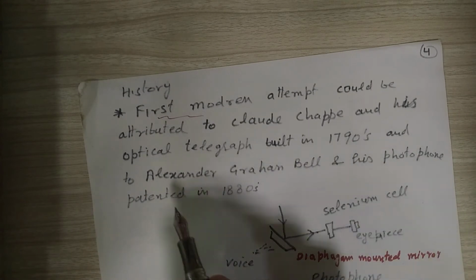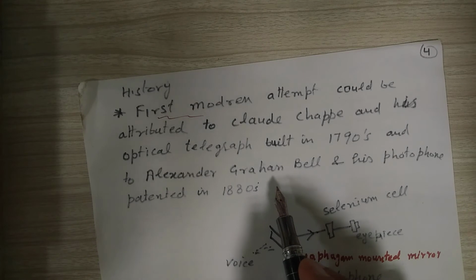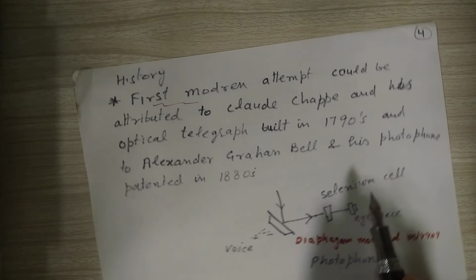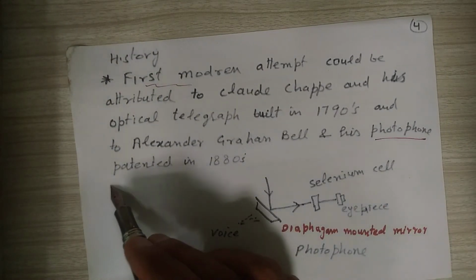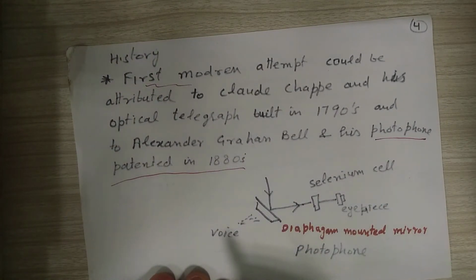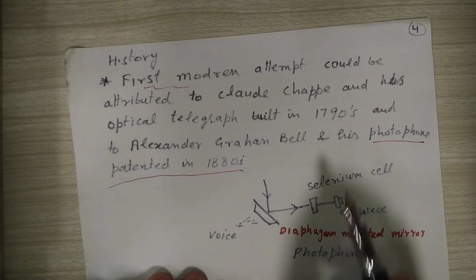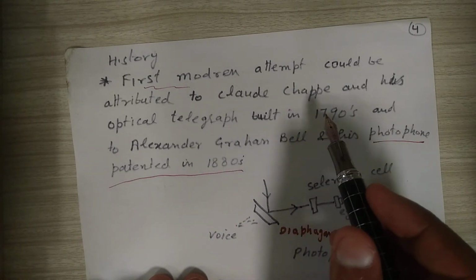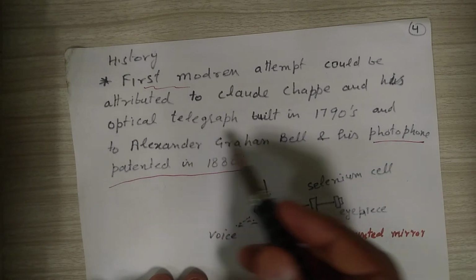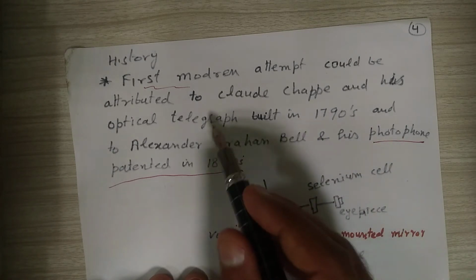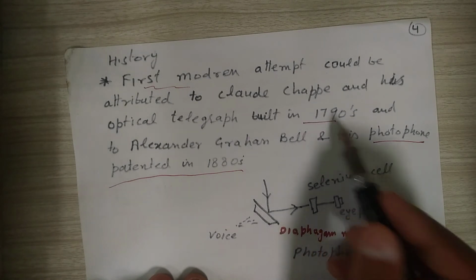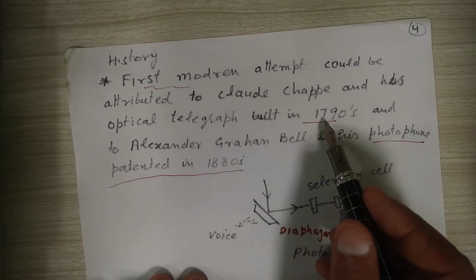And another was Alexander Graham Bell and his photophone, patented in the 1880s. So this is the history where people started thinking about sending data using light, with the help of light, from one place to another, by around the 1790s.